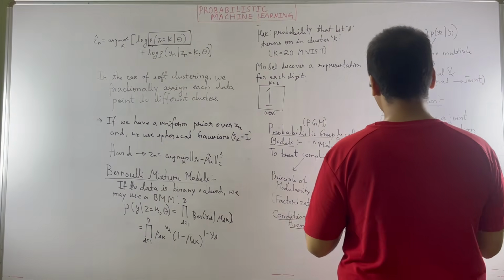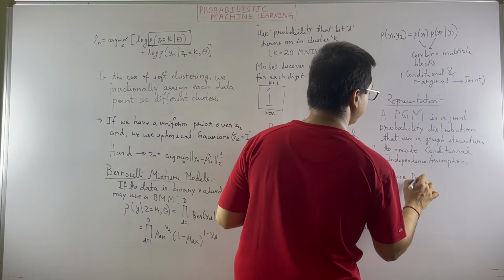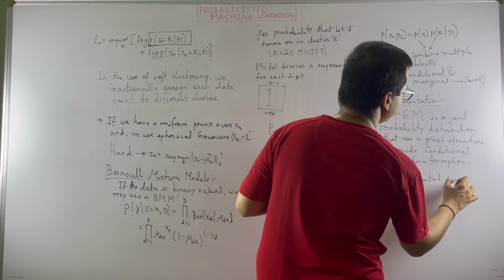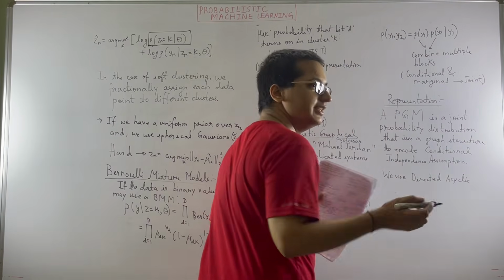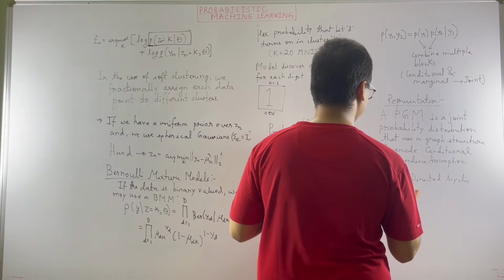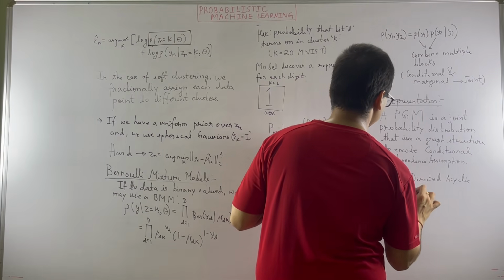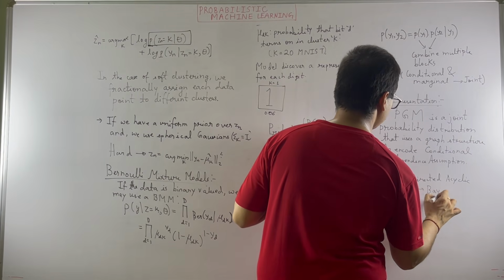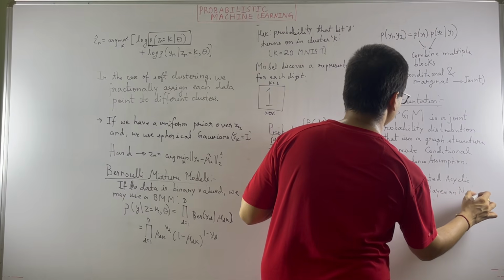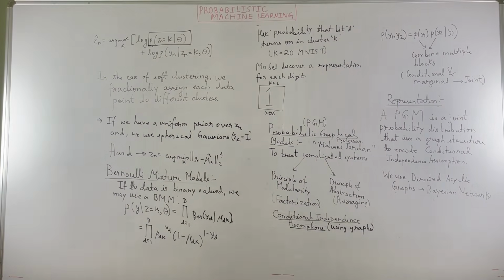So we use directed acyclic graphs and we call them Bayesian networks. Okay, although there is nothing inherently Bayesian about such networks, we call them Bayesian networks. Now let me erase this.